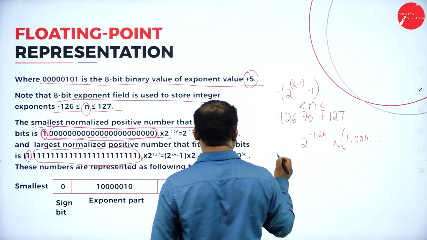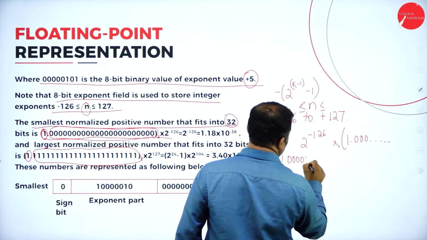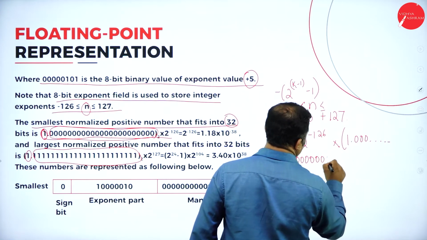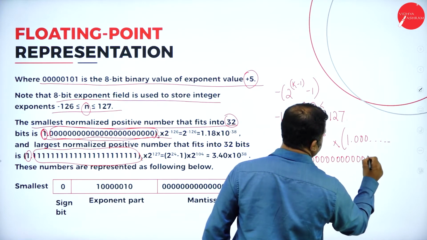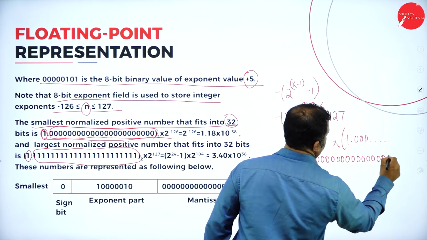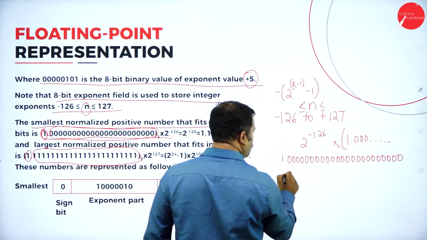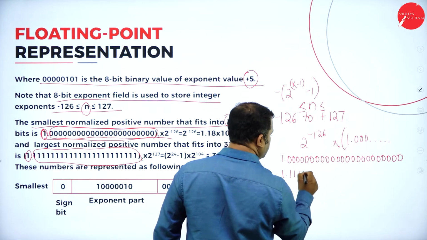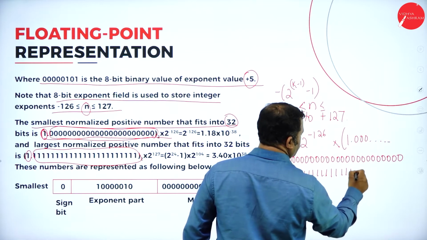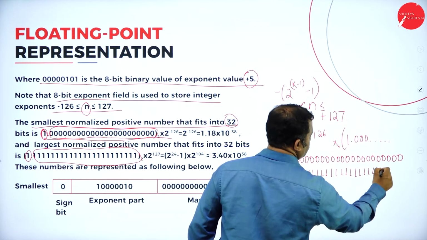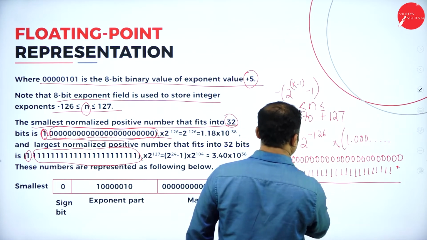We have the minimum value, and what is the maximum value I can represent? 1.1111 and so on, all 23 bits. That's all. These numbers are used here.